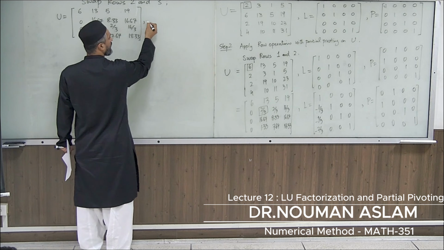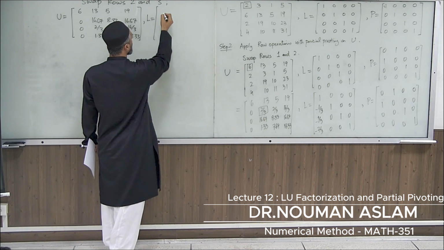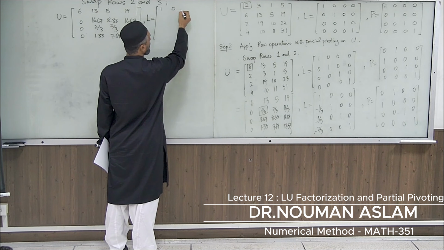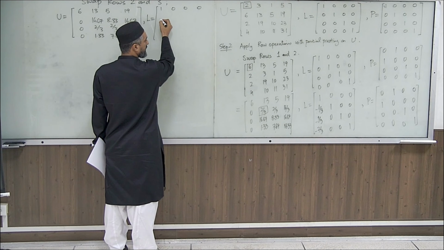So we have the matrix L. We don't have to do anything to this matrix because there is a swapping of rows, and we have to reflect it somewhere else.